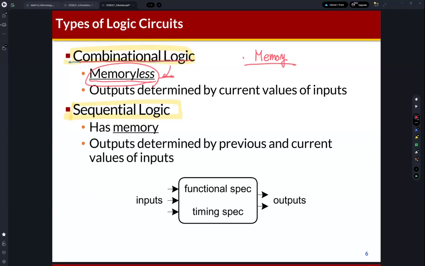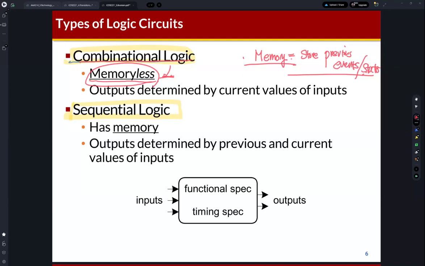So memory means that we can store previous events, or state. Actually, this is the definition of memory, right?